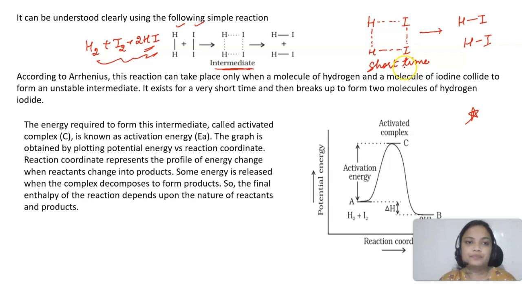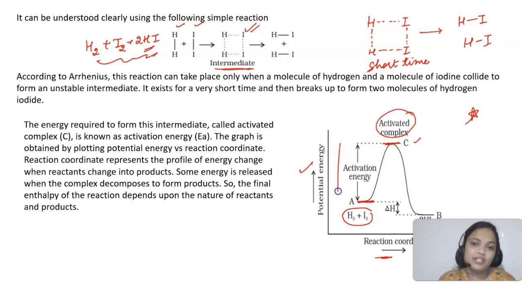Now, let's say this is the energy and this is the reaction coordinate, meaning as the reaction proceeds. This was the energy of the reactants, here at point A, and this is the energy of the activated complex that we have formed, this intermediate.